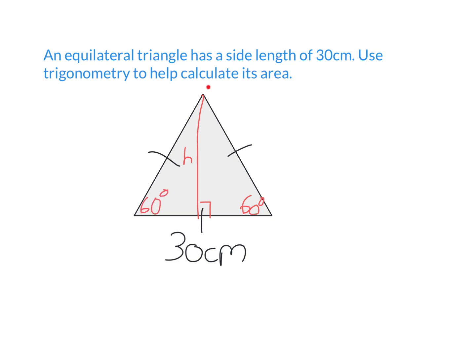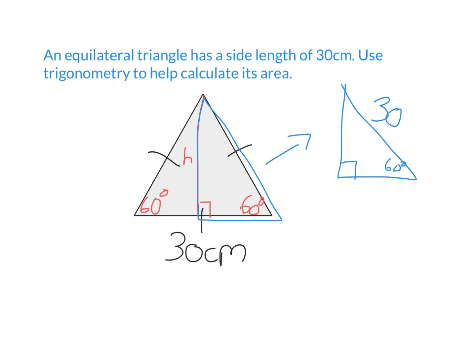So even though an equilateral triangle is not right angled, I can actually divide it into two congruent right angled triangles. So in this right angled triangle here, I have a 60 degree angle, I have a right angle. I know that this side is 30 centimeters. So this side down here must be half of 30, which is 15. You can do that for equilateral and isosceles triangles.